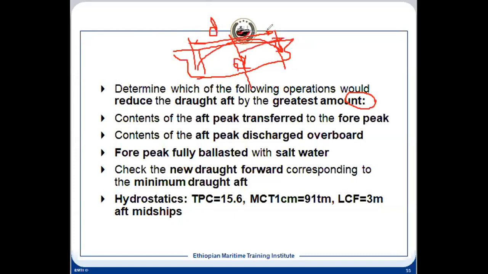This distance is given to us and this distance is given to us. So we know how much distance it has moved, this mass 103 tons. So that is the trimming moment. It means the mass it has transferred and how much is the D, distance it has transferred.